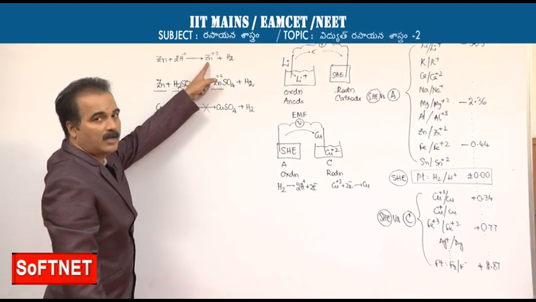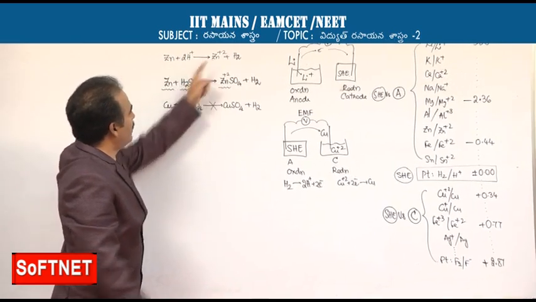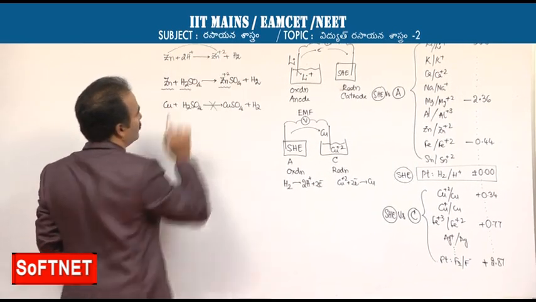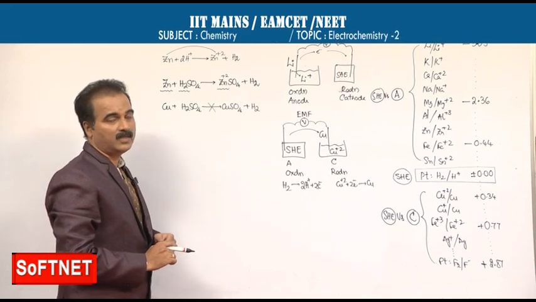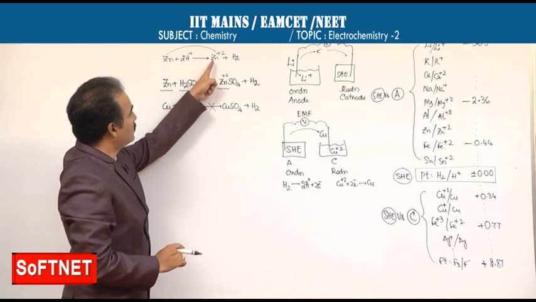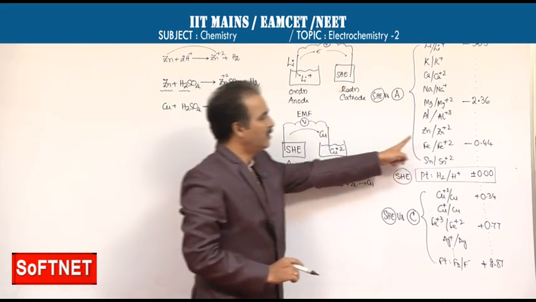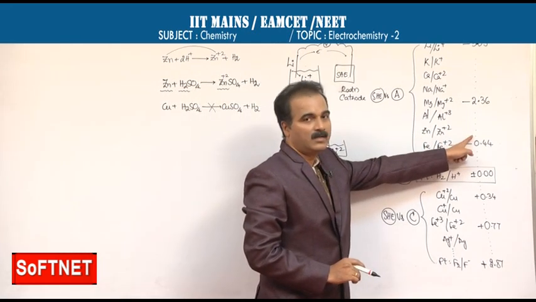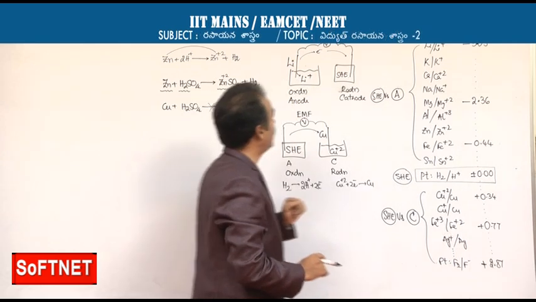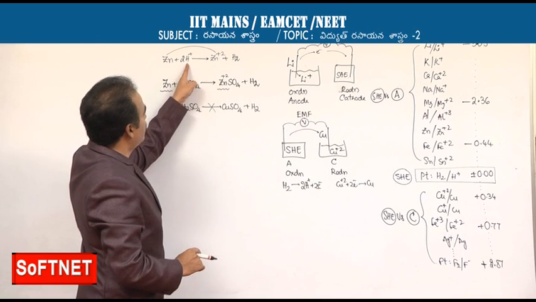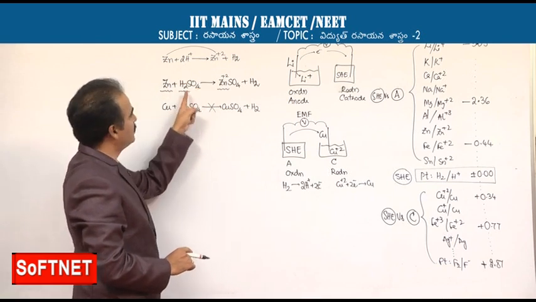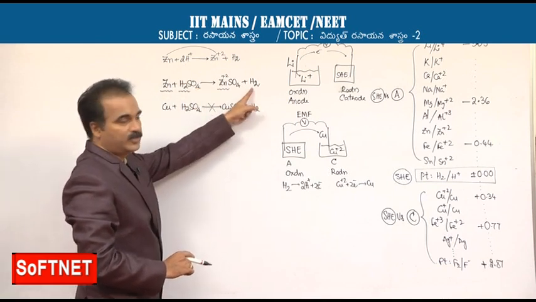If zinc acts as anode, it undergoes oxidation, so its oxidation potential should be positive, or its reduction potential should be negative. We know zinc's reduction potential is a negative value, so this reaction is possible.